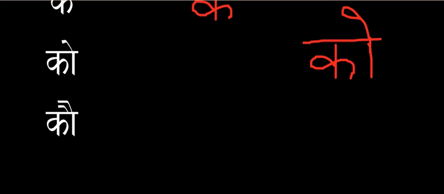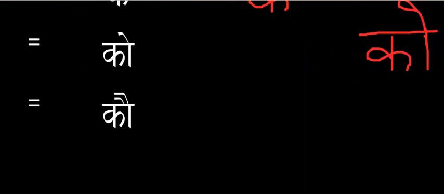Let me write ko. K. Again, a line down. That gives you ka, but then when you put two loops above that line, you're going to get ko. Getting ahead of myself here.